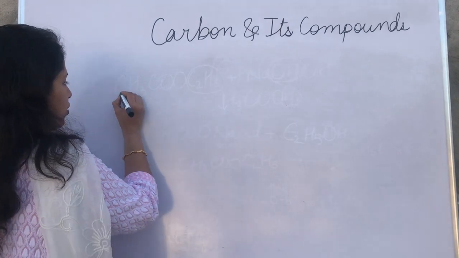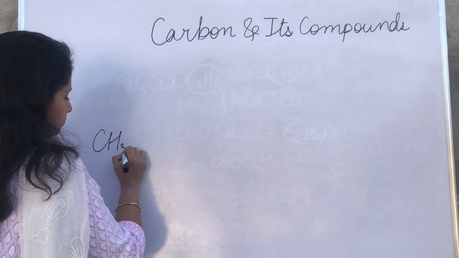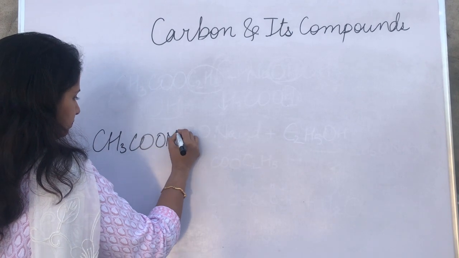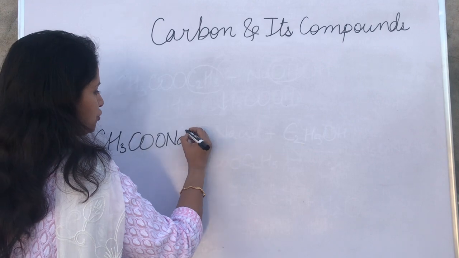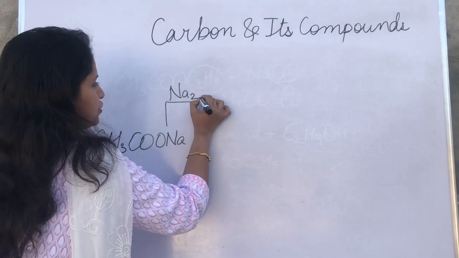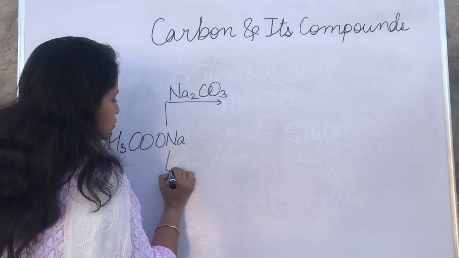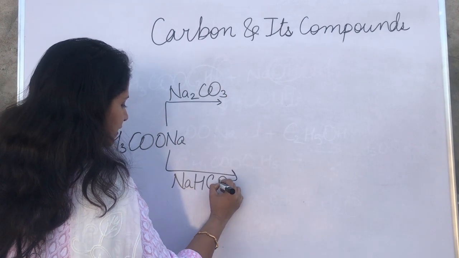If we take ethanoic acid and make it react with sodium carbonate or sodium bicarbonate. What is sodium bicarbonate? Baking soda, that is there at your home also.